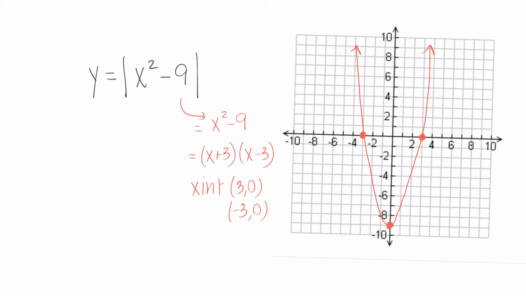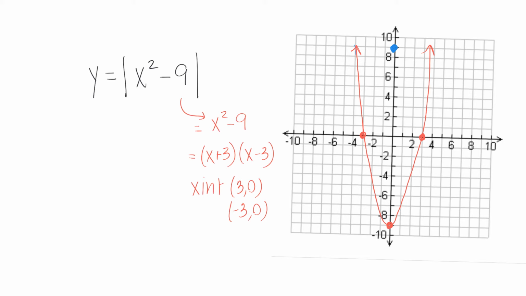Now, once I take the absolute value, this whole negative area is going to get flipped and become positive, because the absolute value of all of these negative y values has to be positive. So this -9 has to become +9.